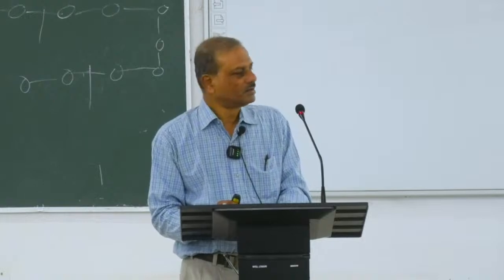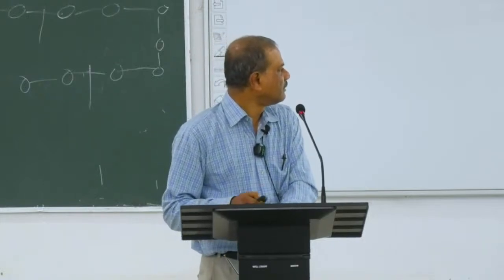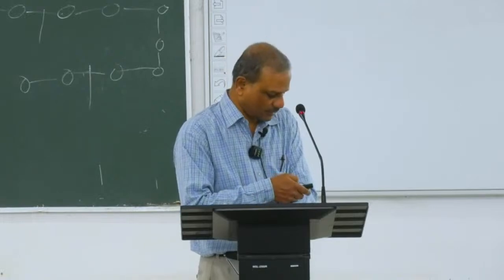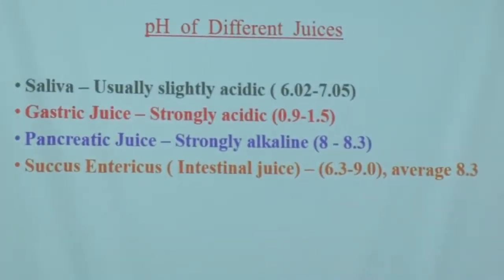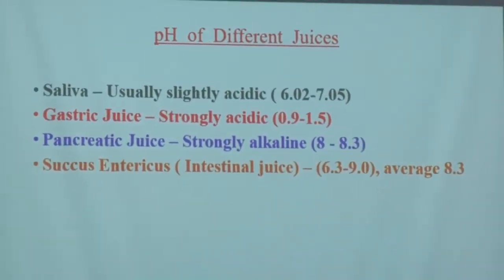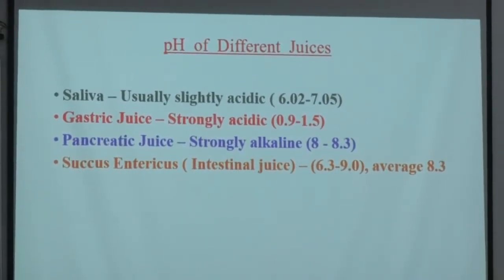There may be variation from person to person. Although for gastric juice I have written 0.9 to 1.5, it can be up to 2.4, 2.5.